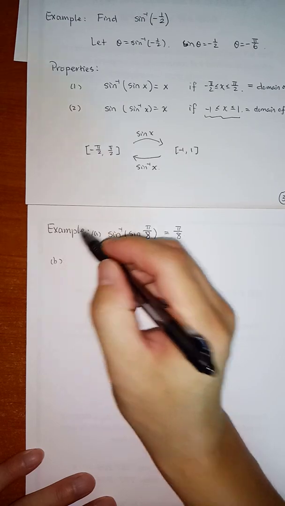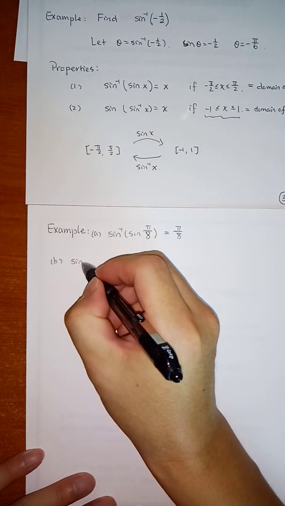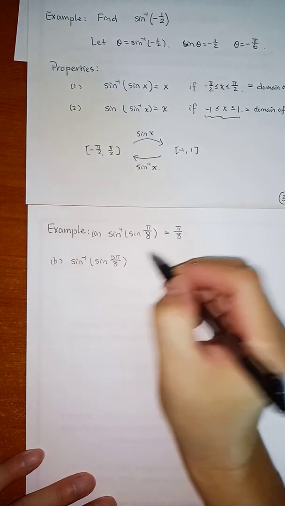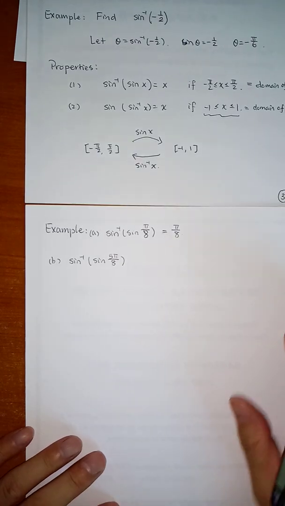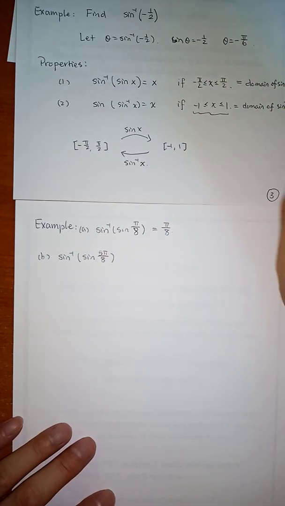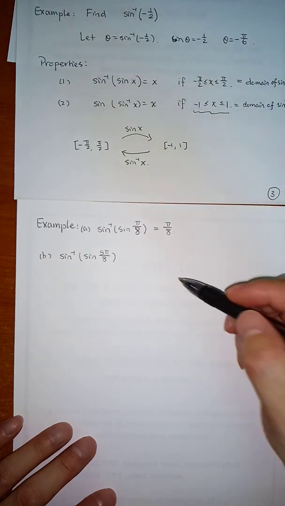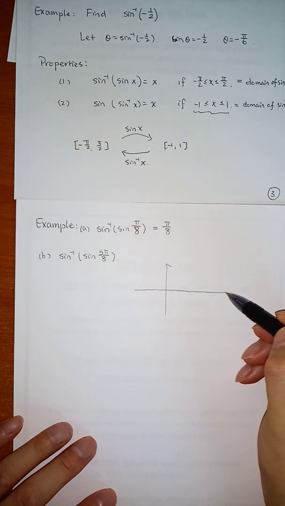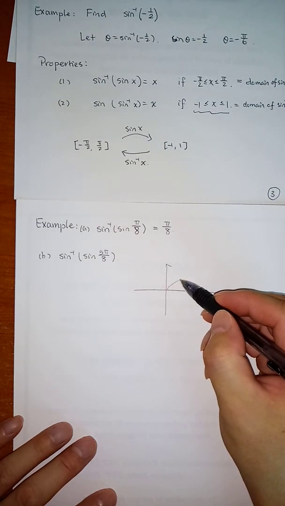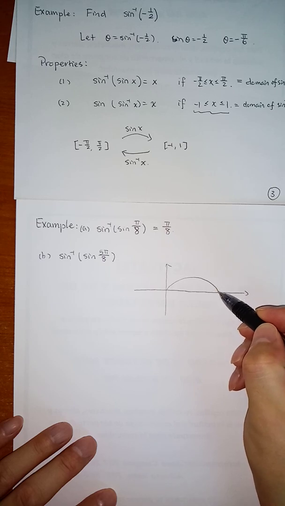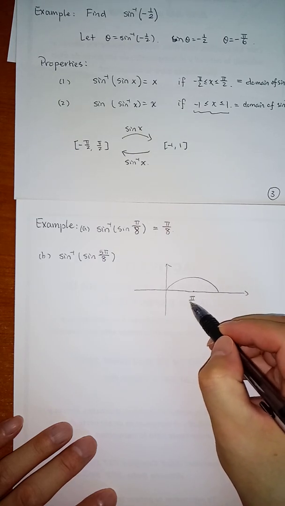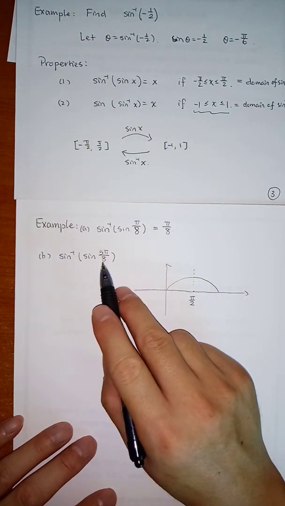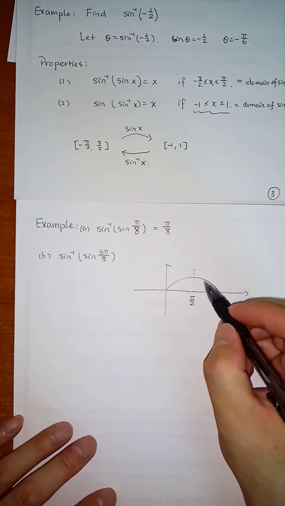Now let's see something which is less straightforward. Sine inverse of sine of 5 pi over 8. 4 pi over 8 is pi over 2. 5 pi over 8 is someplace here.